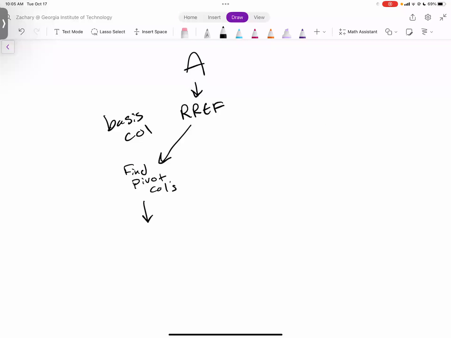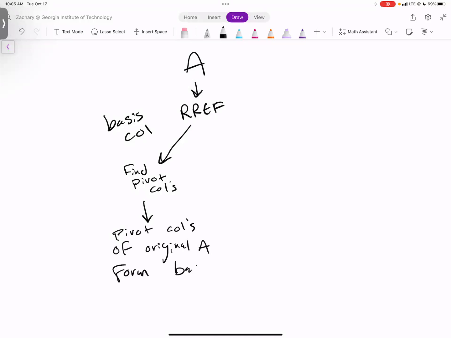Okay. And from here, the pivot columns of the original A, or the pivot columns corresponding to the columns in the original matrix A, form our basis.